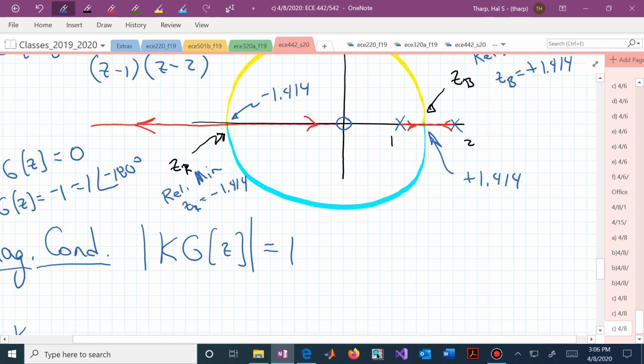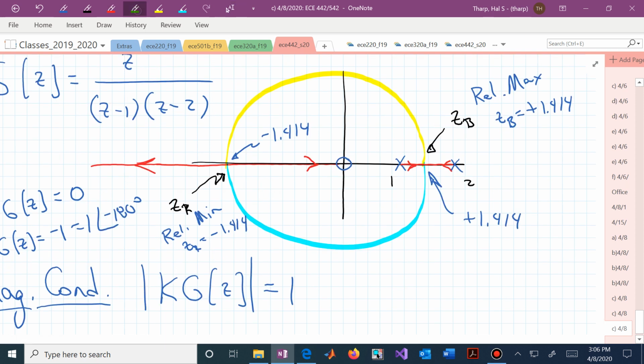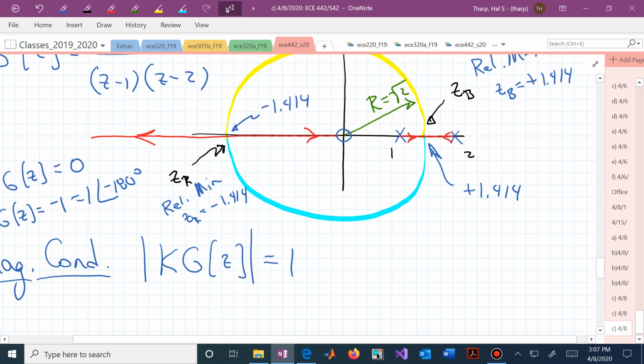Another way of thinking of that, now this is a radius determined by the breakaway and the reentry points, and that radius has a value of square root of 2. And what is that radius?